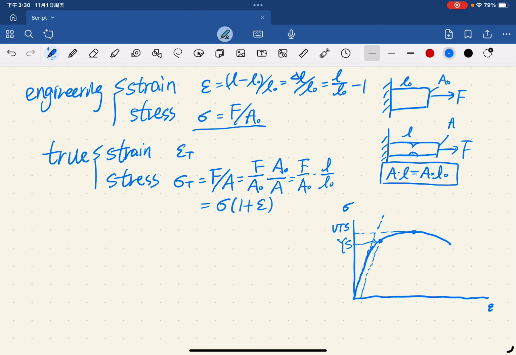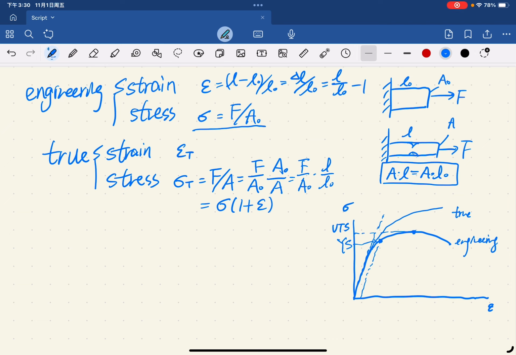And the true stress-strain curve is normally larger than the engineering curve, like this. It normally doesn't have a downturn.